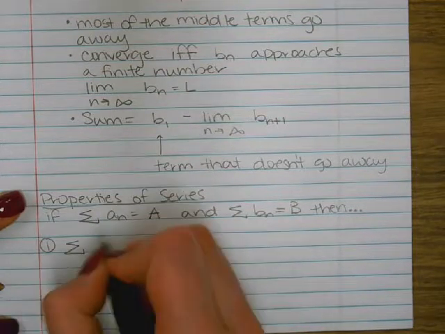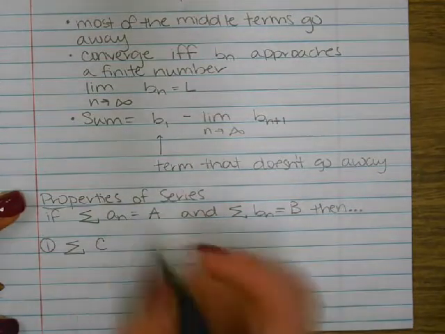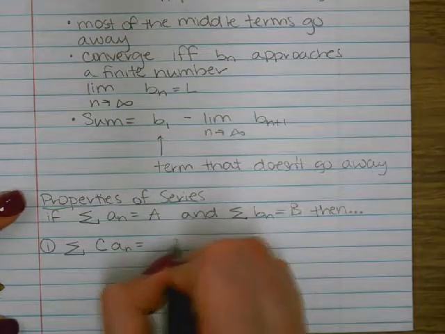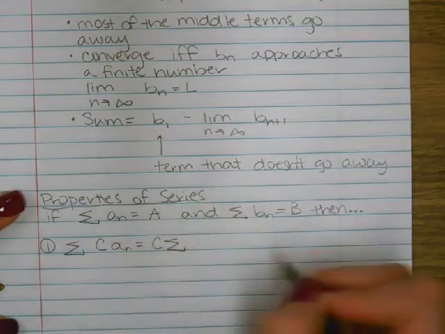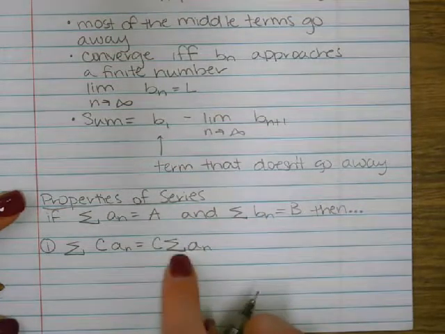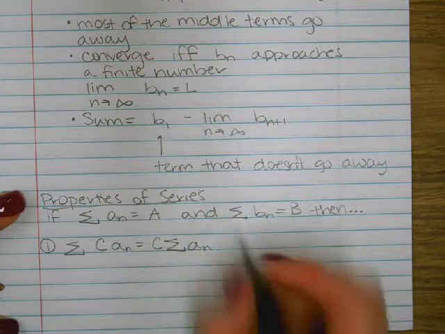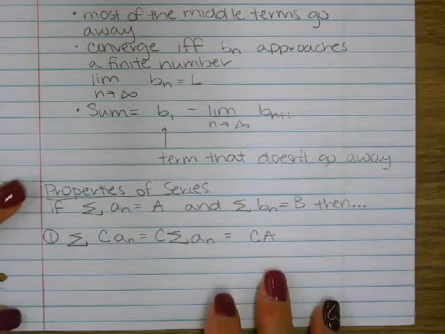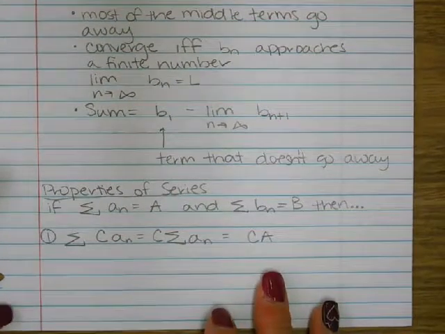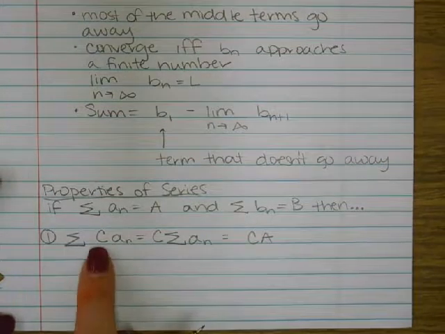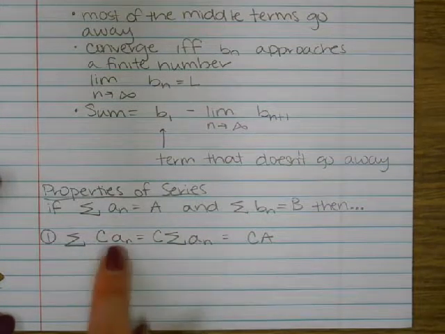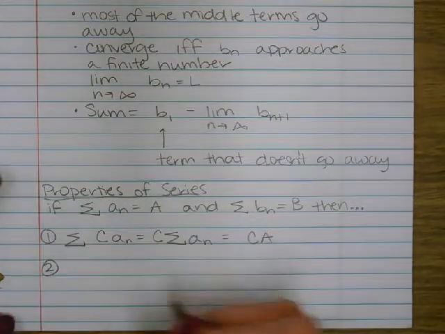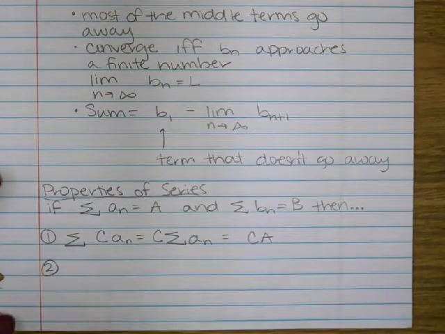The sum of some coefficient multiplied by the sequence A sub n is the same as if you take that coefficient out to the front and multiply it by the sum of A sub n. So it's going to be C times A. That will come in handy. We've been doing that with integrals, right? If we have a number in the front, you can pull it out, work with the simpler version, and then multiply it at the end. So this is nothing really new to us. We've definitely done it before.